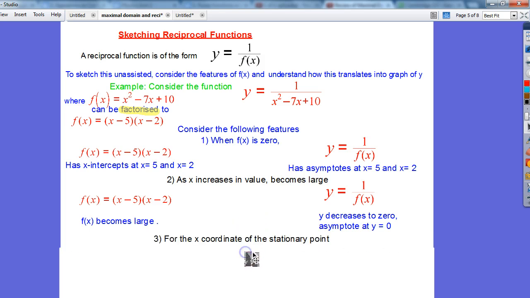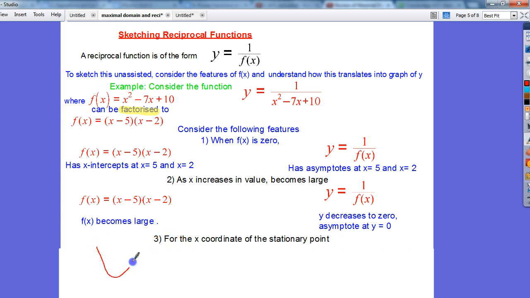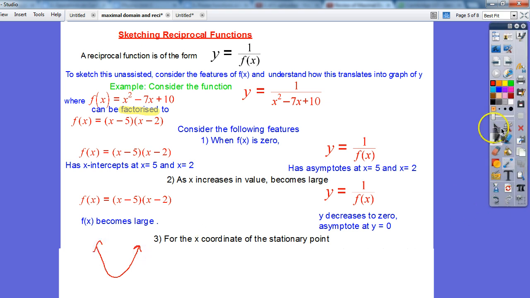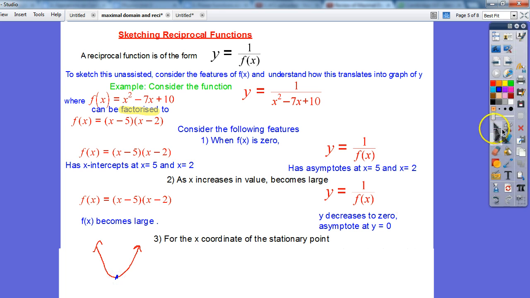Alright, what about a third idea about stationary points? So let's think about the stationary point of our f of x. We can find it by making the derivative equal to 0, and being a positive parabola, the stationary point is a local minimum. It's a minimum at that point there.